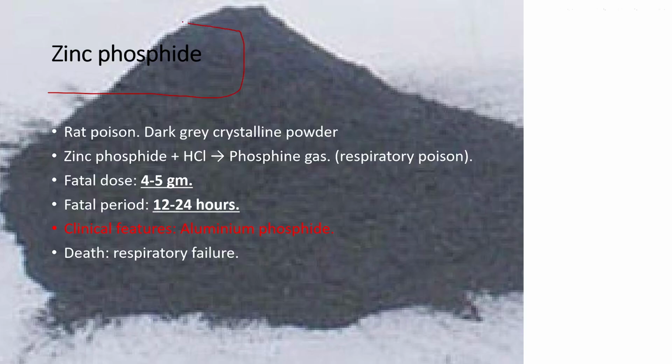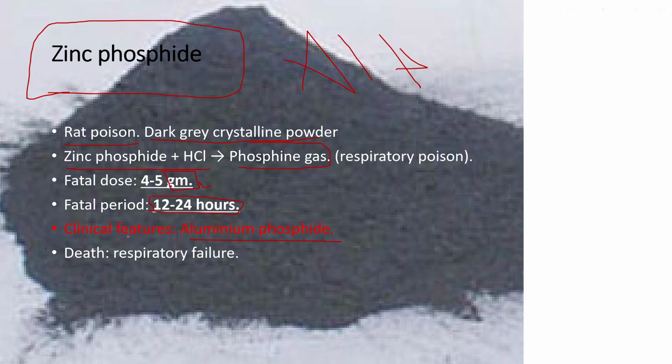Now, zinc phosphide is the same story as aluminum phosphide. All right, rat poison, dark gray crystal powder, and again it will combine with HCl leading to phosphine gas. 4 to 5 grams are required. It's a very high amount compared to aluminum phosphide, and this time period is quite longer than that of aluminum phosphide.